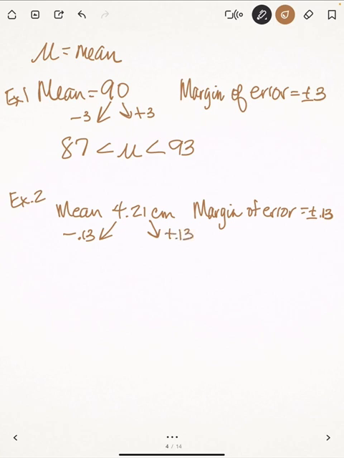So 4.21 minus 0.13 is 4.08, which is less than the mean, which is less than 4.21 plus 0.13, which is 4.34. So basically, if I have a collection of baseballs or any round objects, it should fall between 4.08 centimeters and 4.34 centimeters.